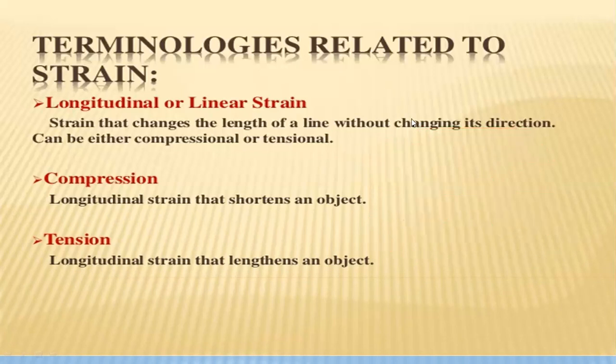Next one, compression. Compression means the strain that shortens the object. The compressive forces are applied on this object, and the direction of the forces is not changed. Whenever we apply compressive forces on this body, it will automatically change the dimension of that body.